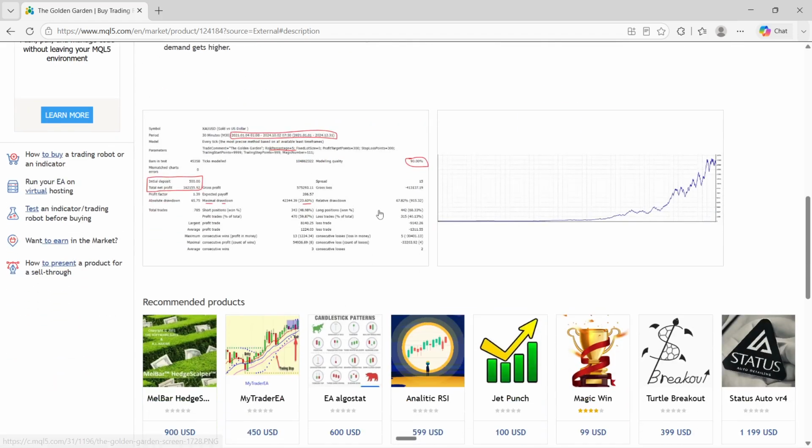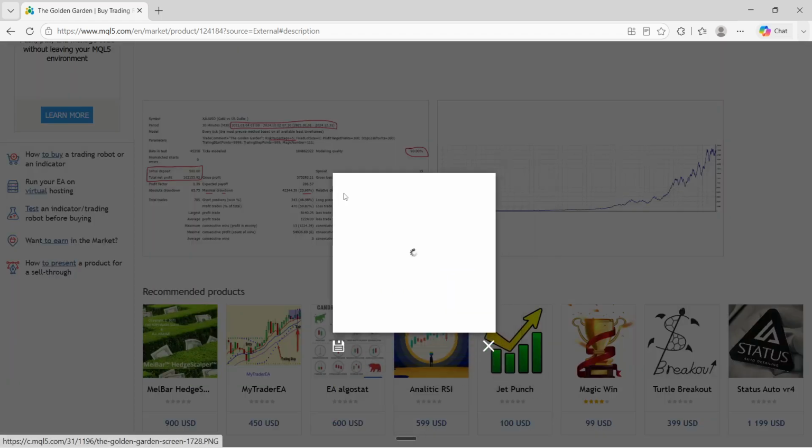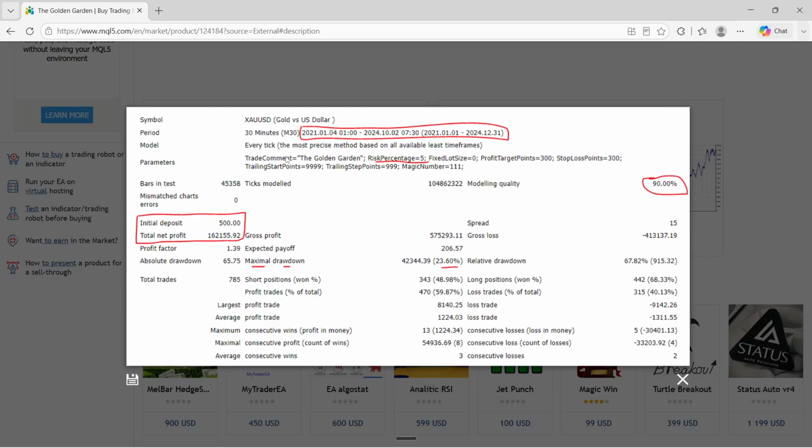Alright, so we have some screenshots here on the website. Let's take a look. As you can see, the testing was done on XAUUSD, the gold pair, on the 30 minutes time frame from 2021 to 2024. And that was 1st of January 2021 to the 31st of December 2024, a period of 4 years.